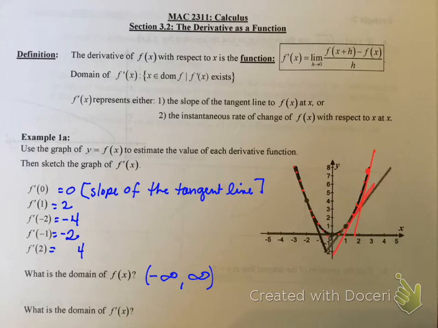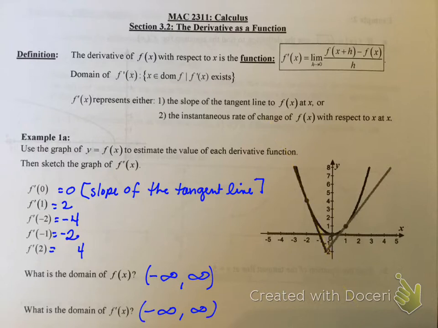But remember that it's a line. So if you remember the lines, if I look at just one of these lines, one that's already drawn for us, we can see the x's are getting more and more negative, and then it goes all the way when x is getting more and more positive. So remember, domain is all possible x values. So my x values can be -infinity to positive infinity because it's a line.